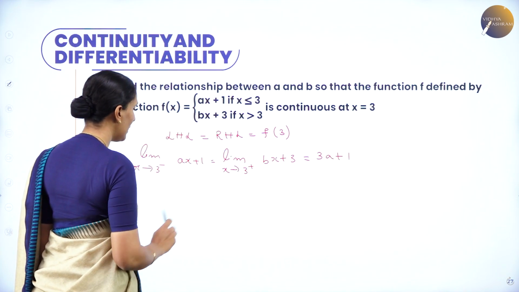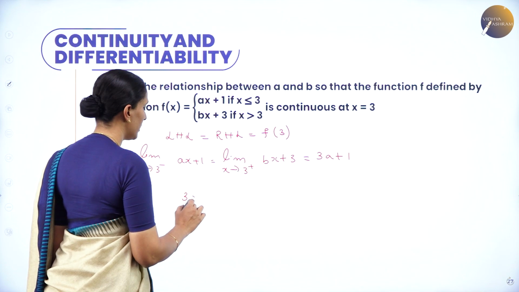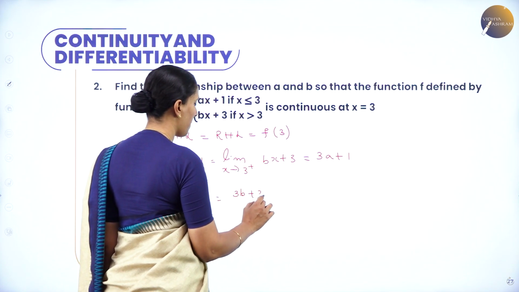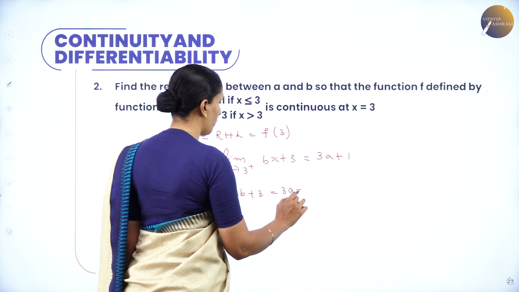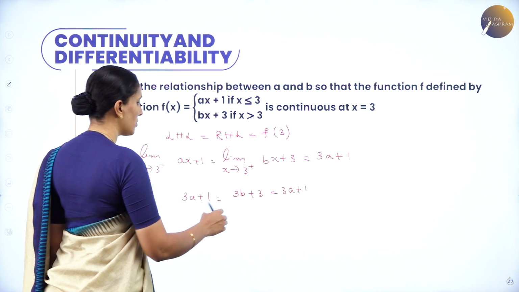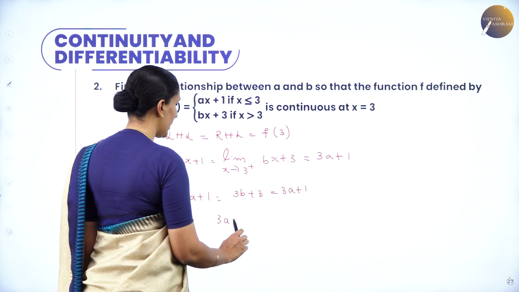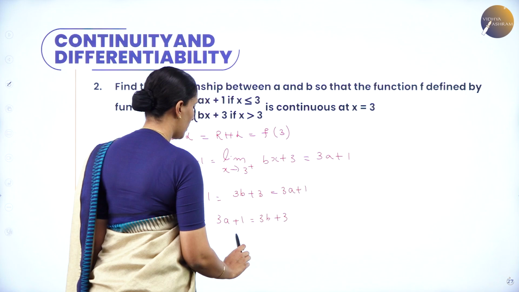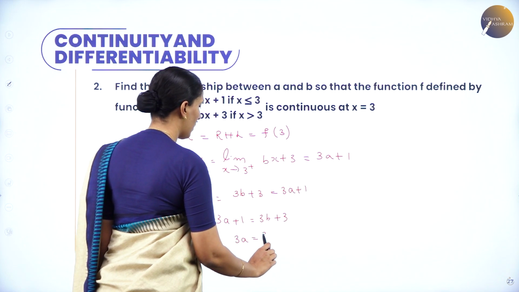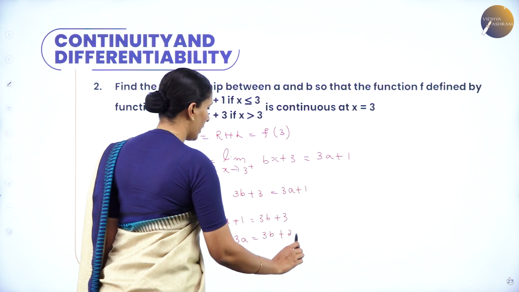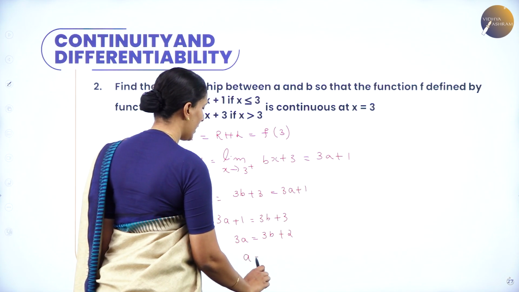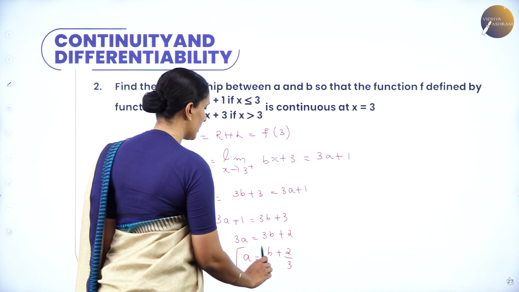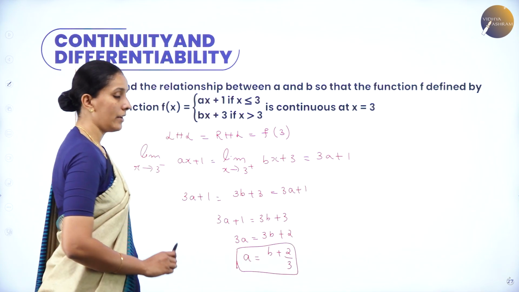Now by applying the limits here, we will get 3a plus 1, 3b plus 3, 3a plus 1. On solving this, we get 3a is equal to 3b plus 2. Dividing by 3, we have a is equal to b plus 2 by 3. So this is the relation between a and b.